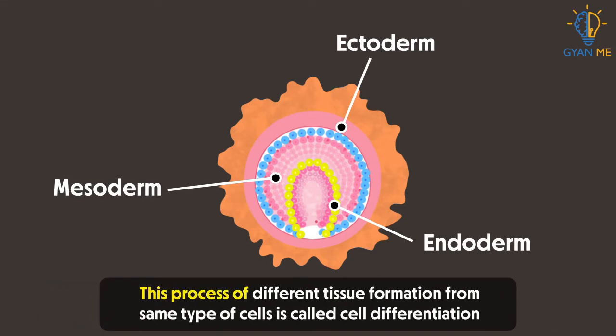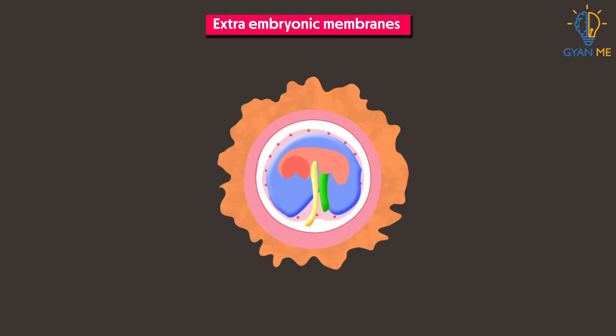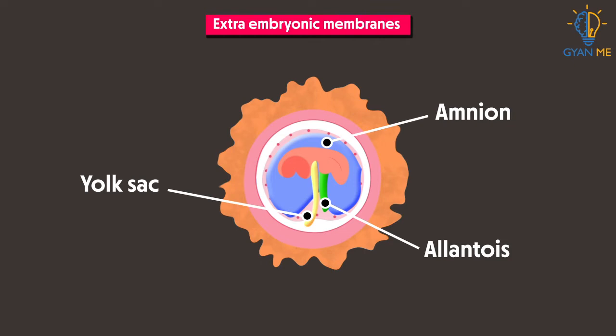This process of different tissue formation from the same type of cells of these 3 layers is called cell differentiation. This you will study in your higher classes, students. But for now, the cells of the inner mass not only form these layers but also form extra-embryonic membranes, that is yolk sac, allantois and amnion.